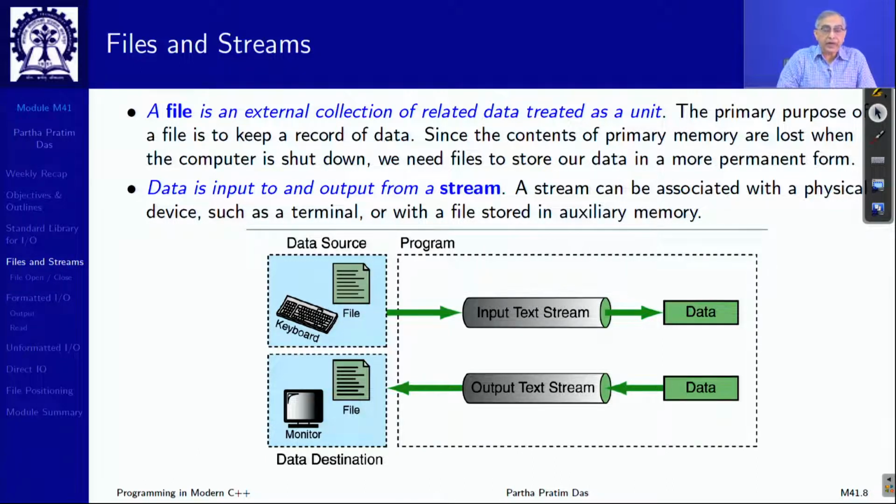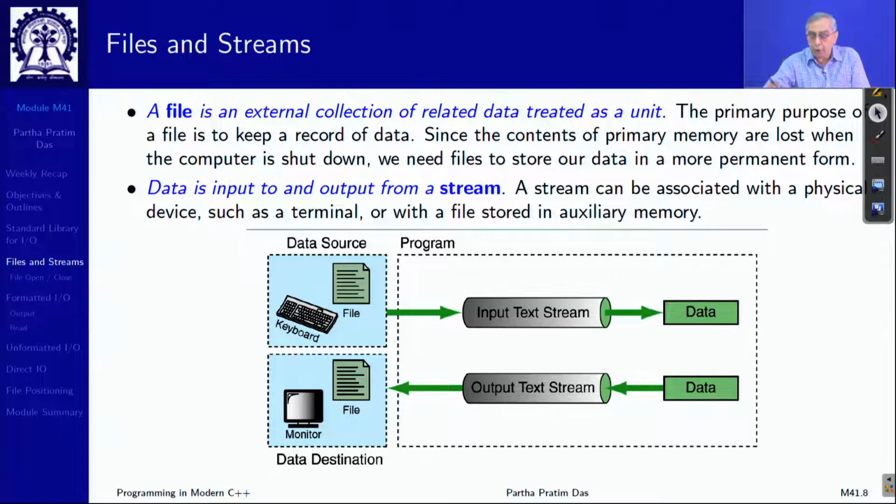Now, stream in contrast is an abstract concept, whose name naturally derives from the English word stream, which keeps on flowing. So, it is something which can be associated with a physical device like a terminal or a printer or a file stored in the auxiliary memory.